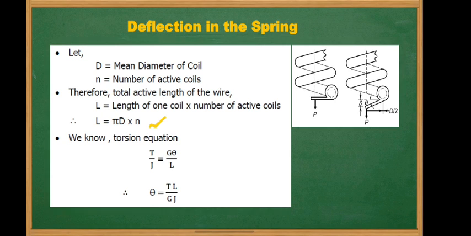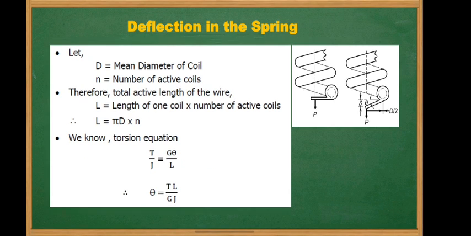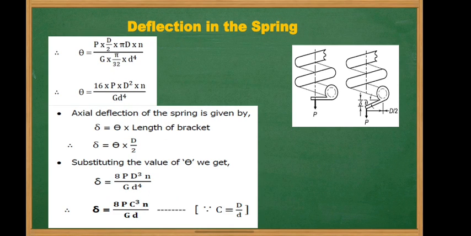We know the torsion equation, which is given by T by J is equal to G theta by L. Rearranging this equation for the angle of deflection, theta will be TL upon GJ. Now put the values of the terms T, L, G and J. T is torque, which is force multiplied by radius.